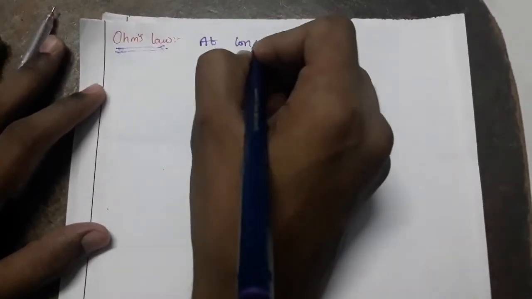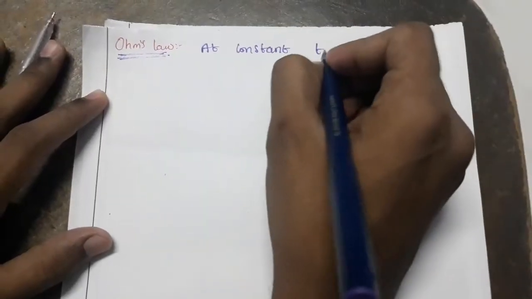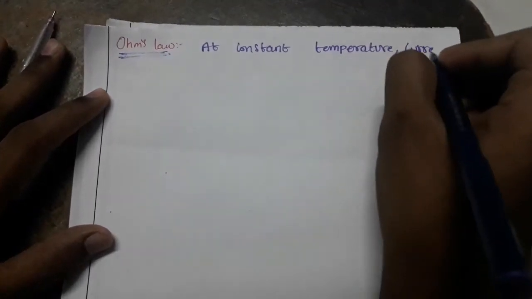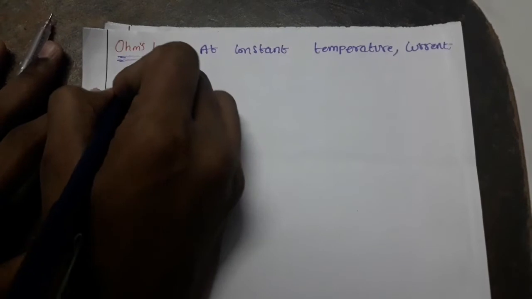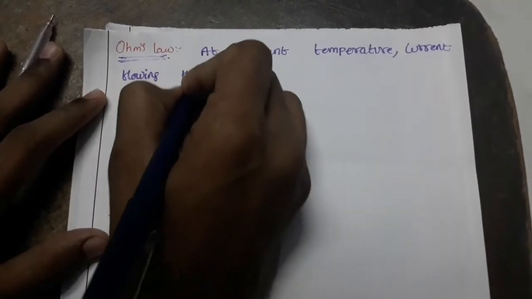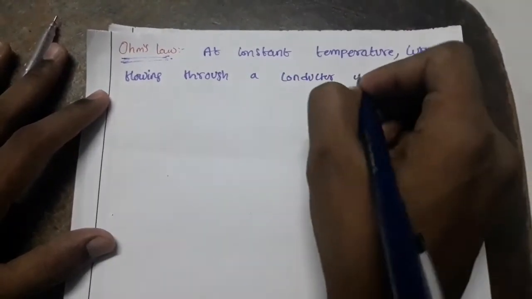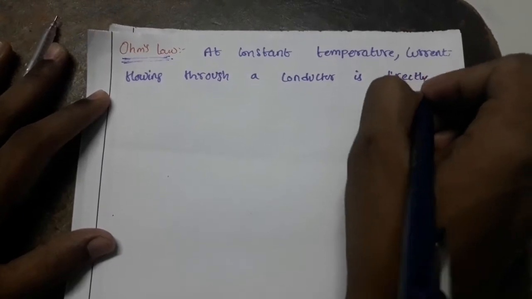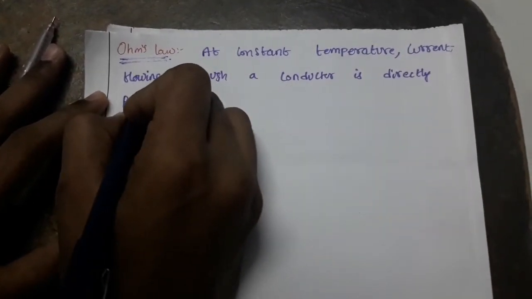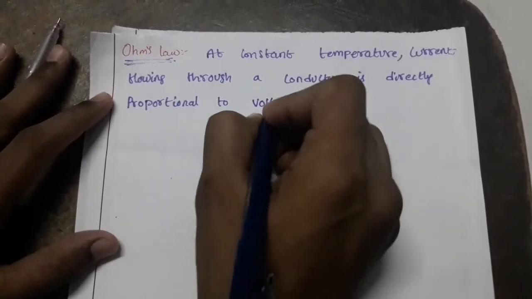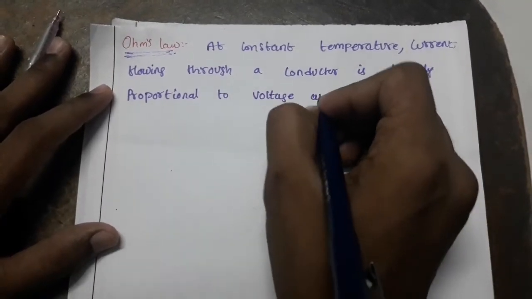Ohm's law. This is the basic law in electrical engineering. According to this law, at constant temperature, the current flowing through a conductor is directly proportional to the voltage applied across it.